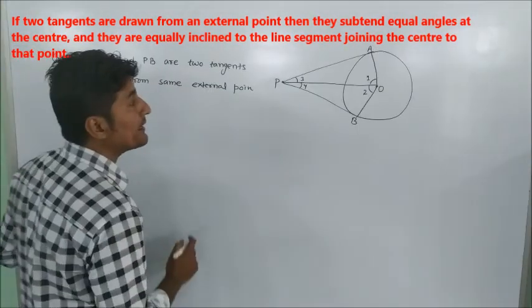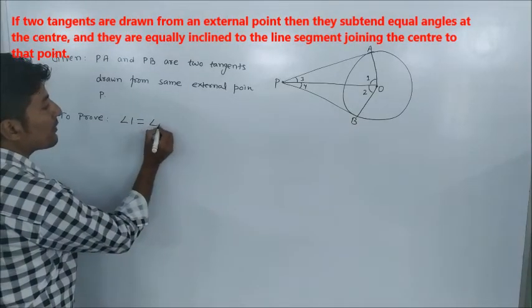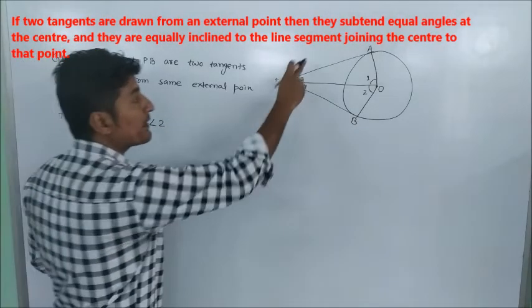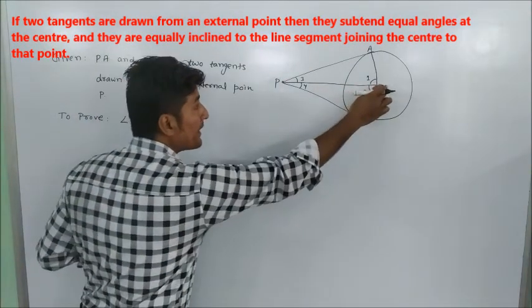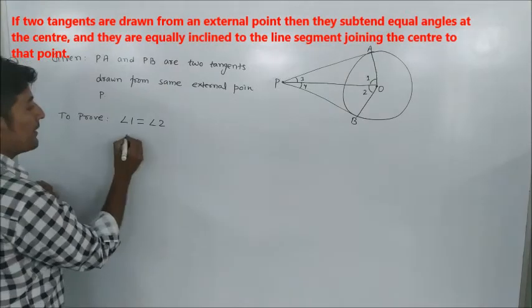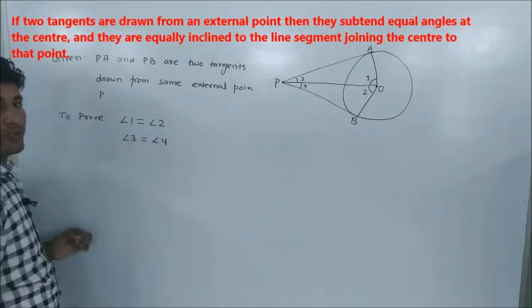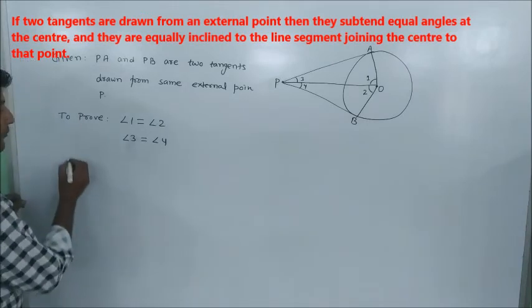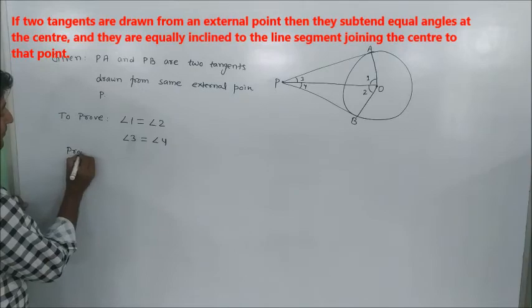So angle 1 equals angle 2. We have to prove that angle 1 equals angle 2, and that they are equally inclined to the line segment joining the center to that point. Hence angle 3 equals angle 4. This also we have to prove. After to prove, we have to write the final step, that is called proof.